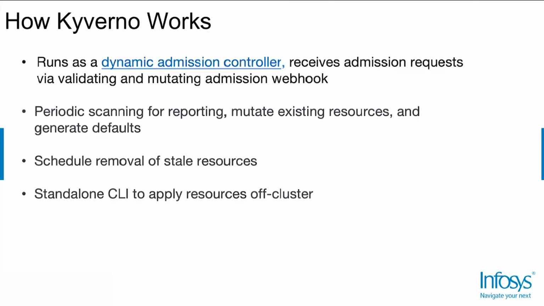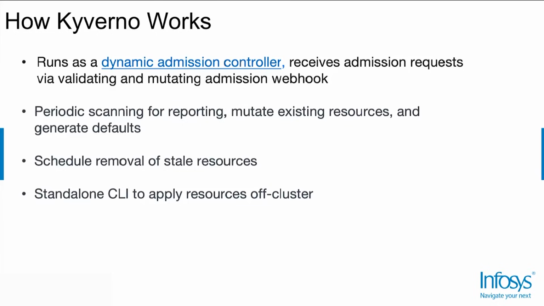So how does Kyverno work? Kyverno deployments by default create 4 different controllers. It can run as the default dynamic admission controller, which receives the admission request via either the validating or mutating admission webhook, or you have the policy report controller running periodically in the background to scan the existing resources to report all the policy violations or the policy evaluation results.